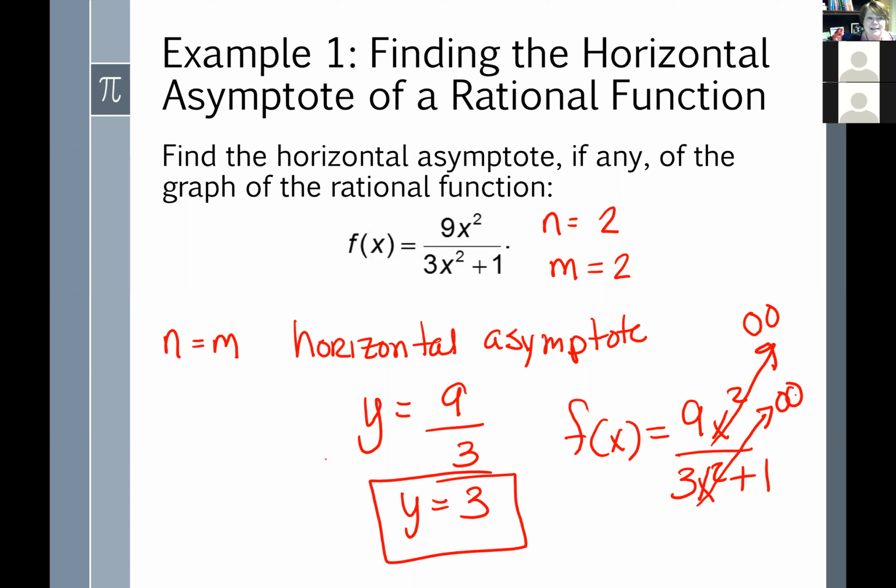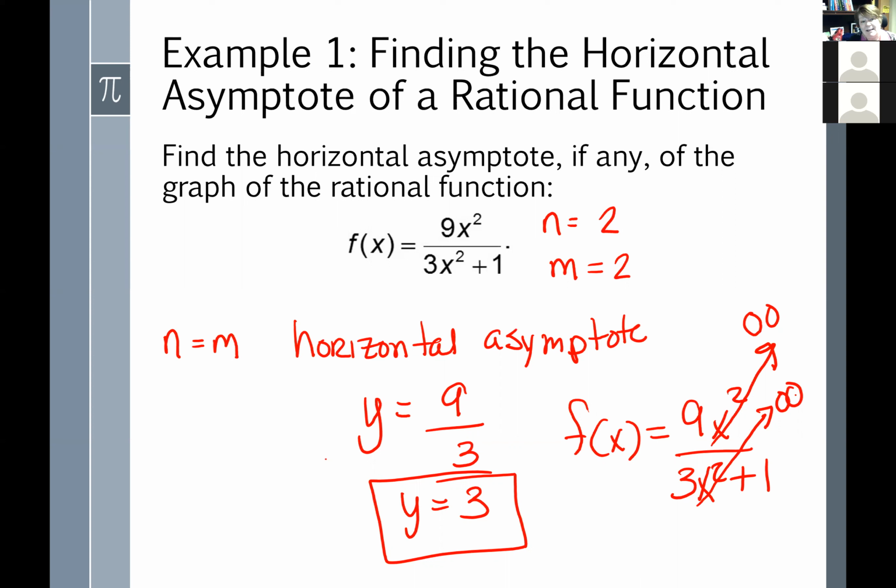Let's say x is 10 million. So you have 3 times 10 million squared plus 1. It becomes negligible. So as x increases without bound, that little old plus 1 down there, nobody cares. So if you take the ratio of 9 times 10 million squared divided by 3 times 10 million squared plus 1, you approximately get 3.